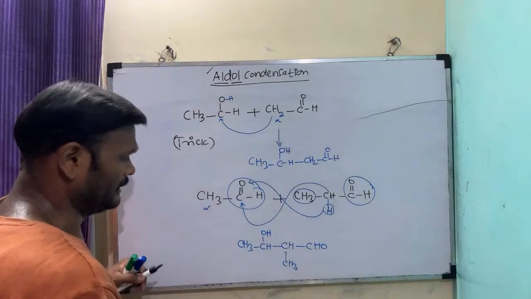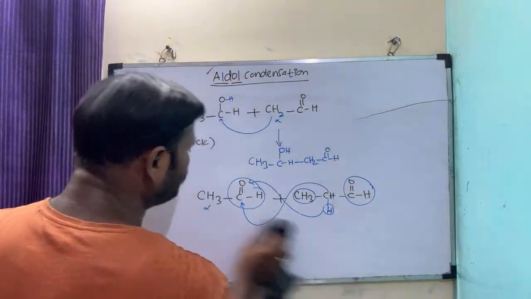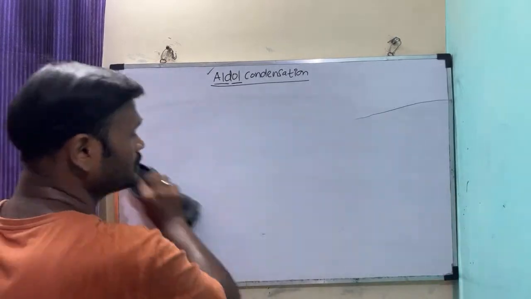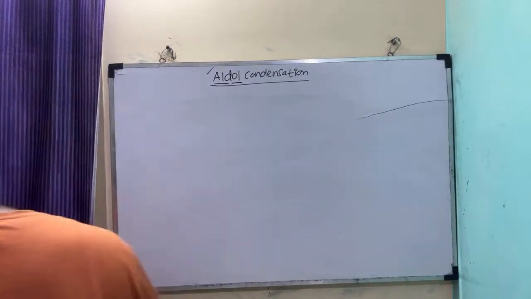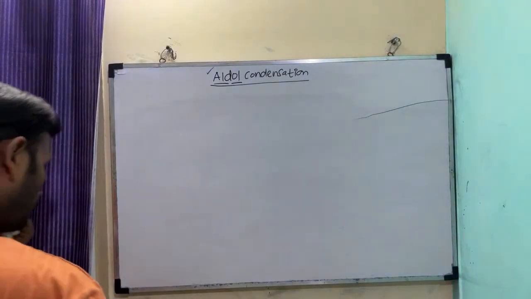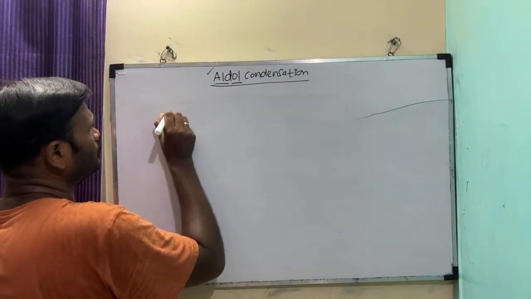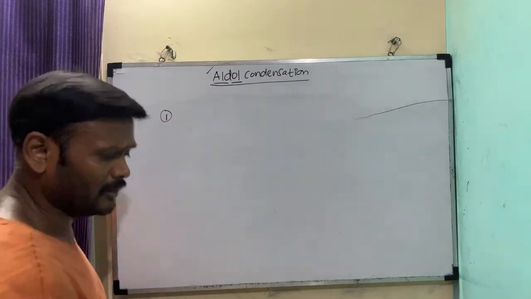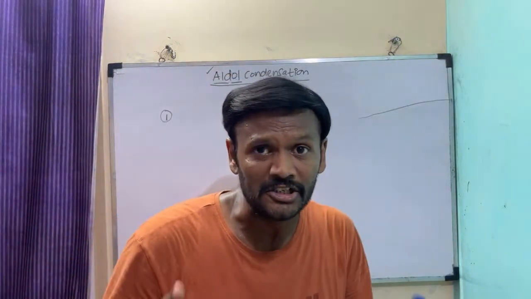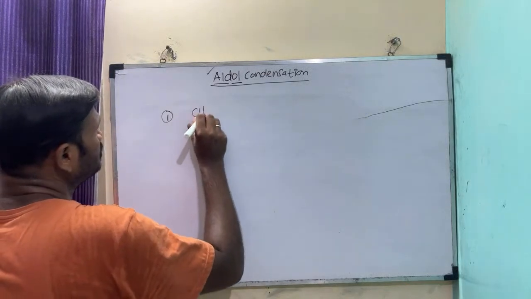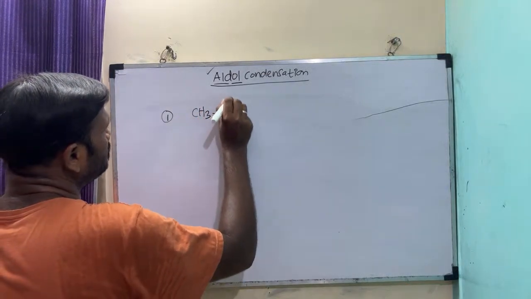Then what kind of molecules are going to be involved in aldol condensation? Let me check. What is an important simple trick? I am going to write some molecules. You just check whether the molecules are involved in aldol condensation or not. The first molecule is CH3, C double bond OH.